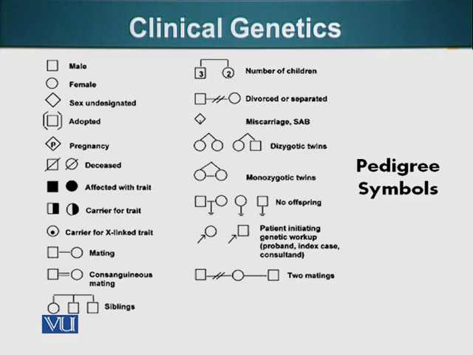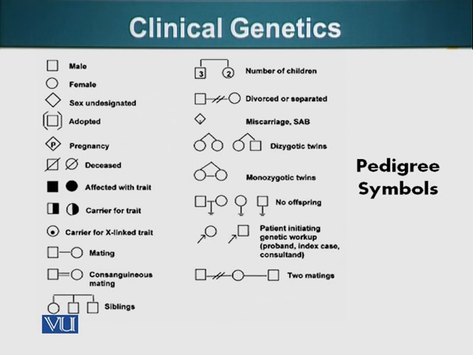More importantly, this is how you write siblings. And consanguineous marriage, which is marriage between two related individuals, is shown with two bars, and marriage between unrelated, not closely related individuals is shown with a single bar. These are the more important ones. There are, of course, others displayed too. Also, affected with the trait is a solidly, completely filled square or circle.